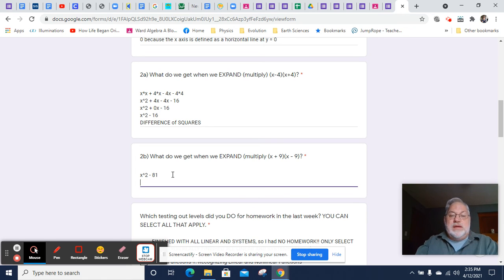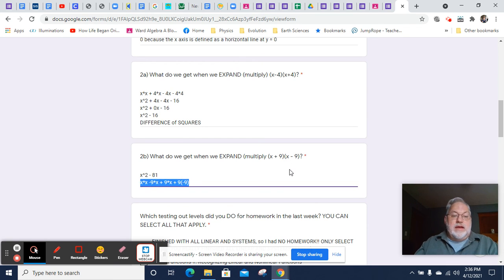But let's make sure we see that it's true. Let's prove it. X times x is x squared. And then we got x times negative 9, so that's going to be negative 9 times x. Then we got 9 times x. And then we got 9 times negative 9.